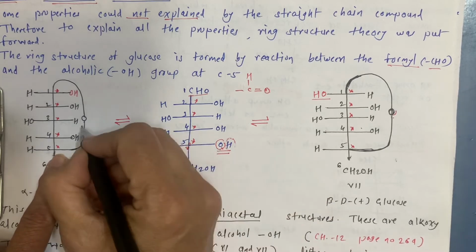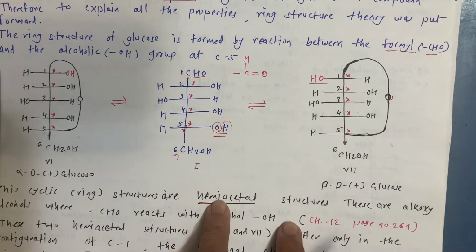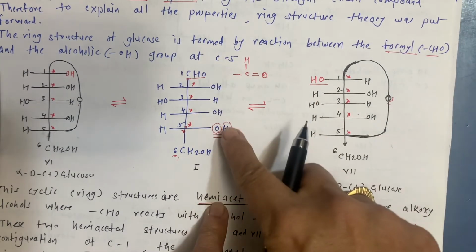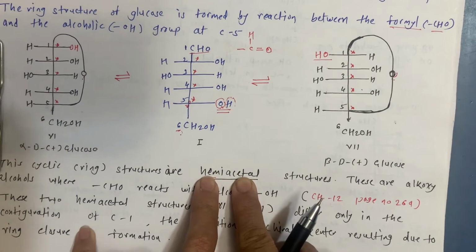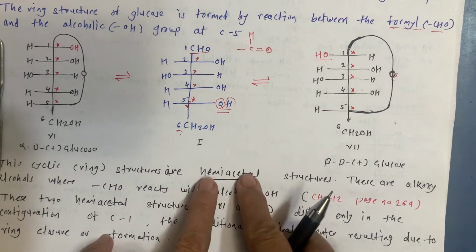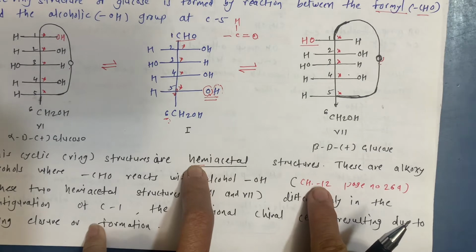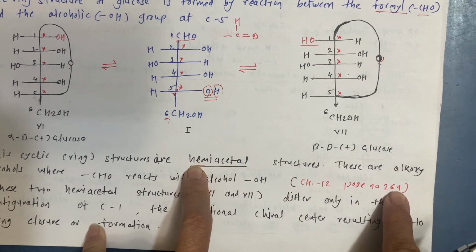And there is formation of hemiacetal. So, CHO reacts with alcohol, and there is formation of hemiacetal, which is known as alkoxy alcohol. We studied this in chapter number 12, aldehyde and ketone, page number 269. You can revise this from our textbook.